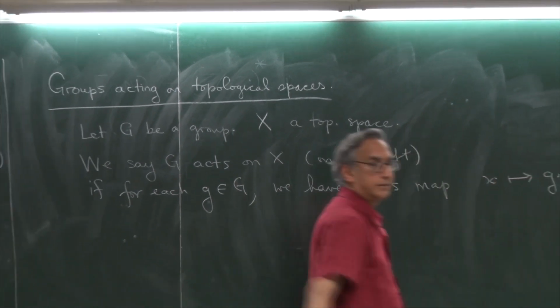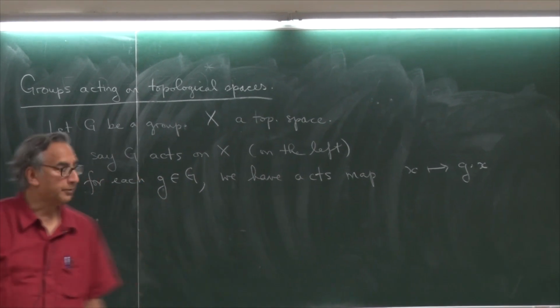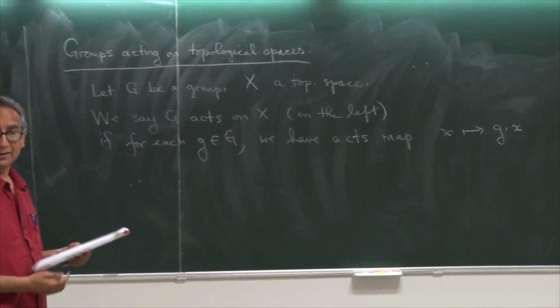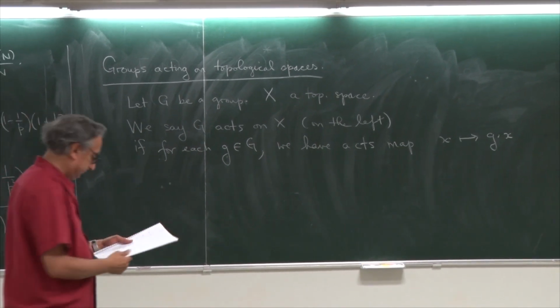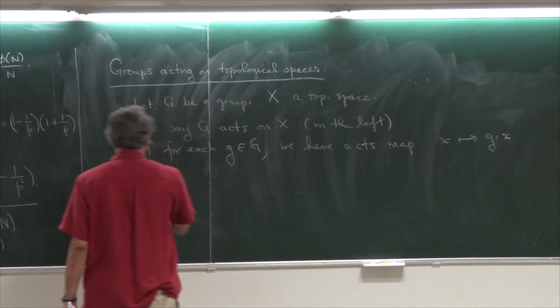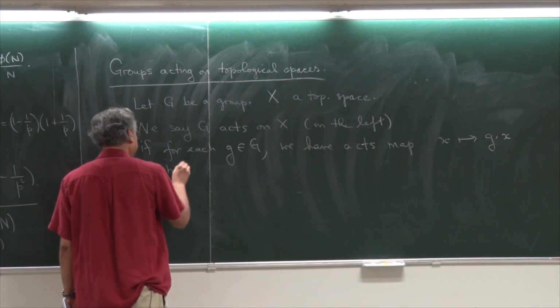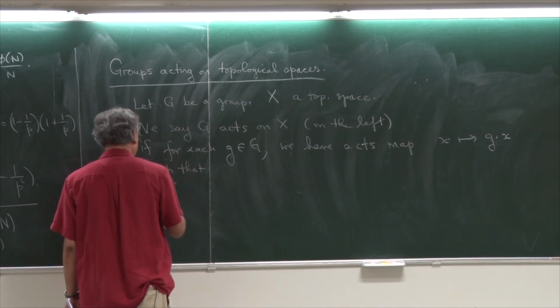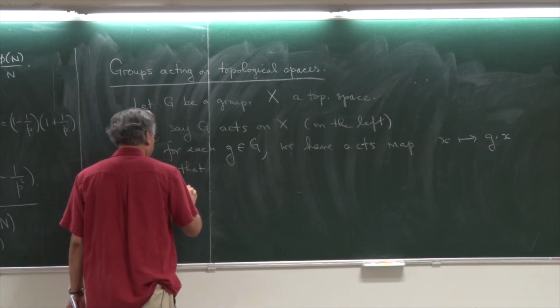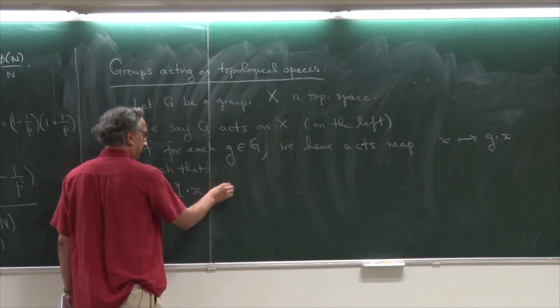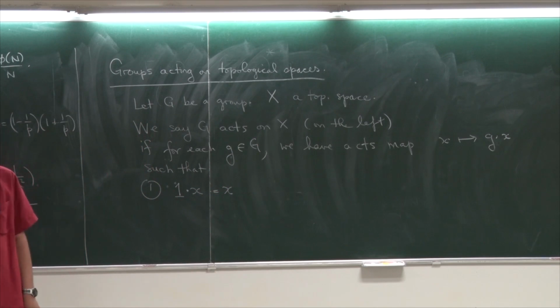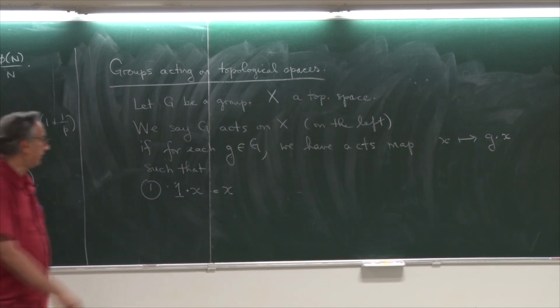This dot represents the action. Sometimes we remove dots, but for the beginning of the definition, I'll keep the dots in. Such that two axioms are satisfied. One, the identity element acting on the element x should be just x. So the identity element doesn't move x, just keeps it fixed.